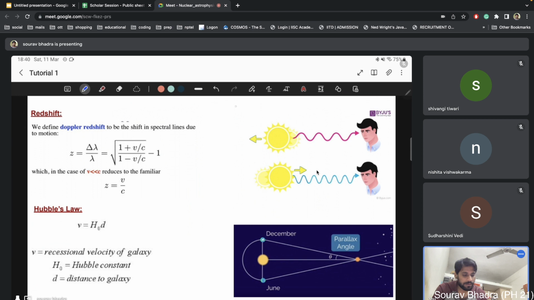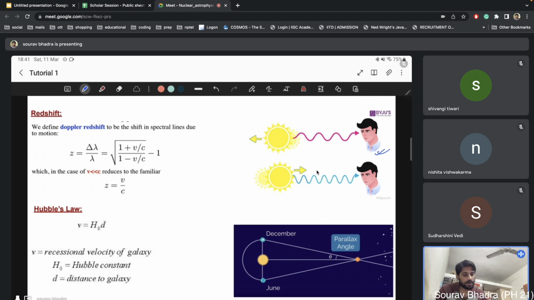So, this is the observer, and this is the source. For our case, the source is the sun, and as this Doppler shift is the nature of a wave, light is also an electromagnetic wave. What happens to sound will happen to light also.